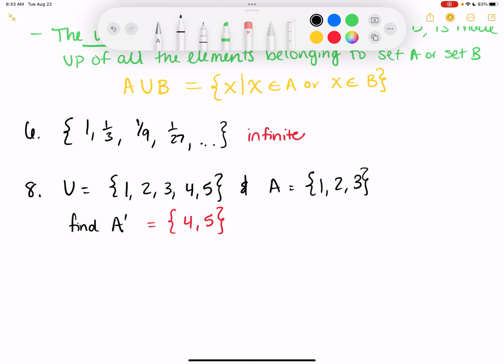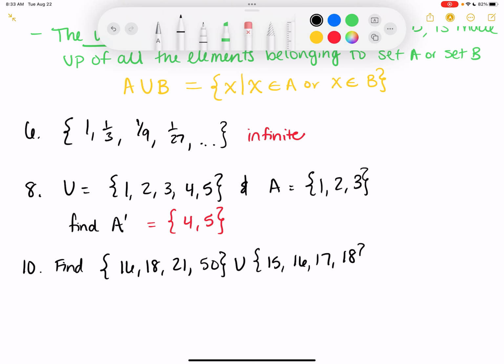Let's see, number 10 says to find the set 16, 18, 21, and 50, union with the set 15, 16, 17, and 18.